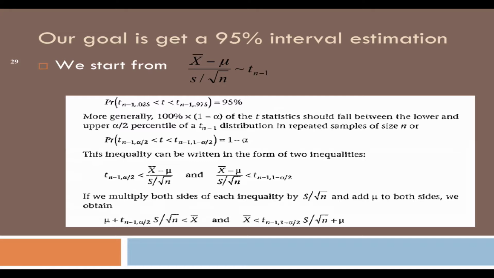And we also know that (x minus mu) over (s over square root of n) follows a t-distribution with n minus 1 degrees of freedom, right? So no cycle here.